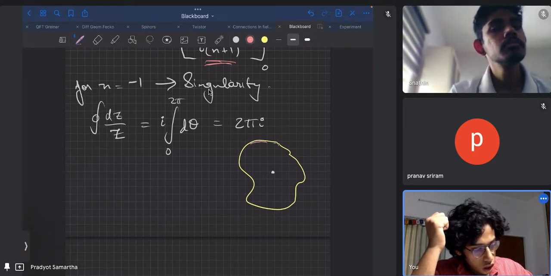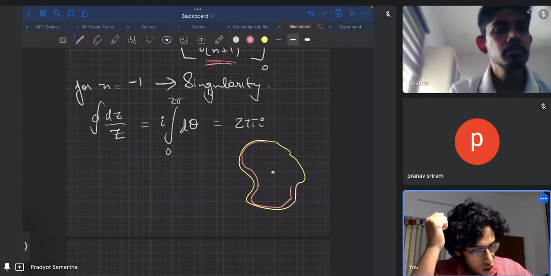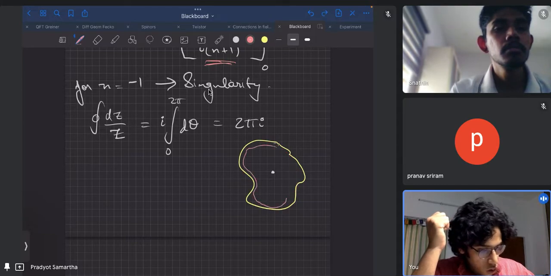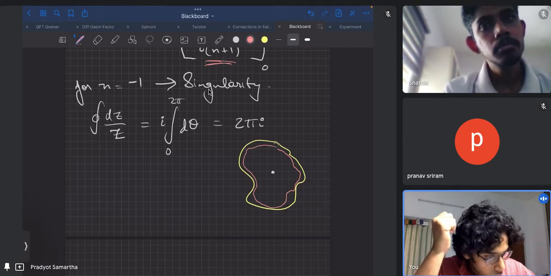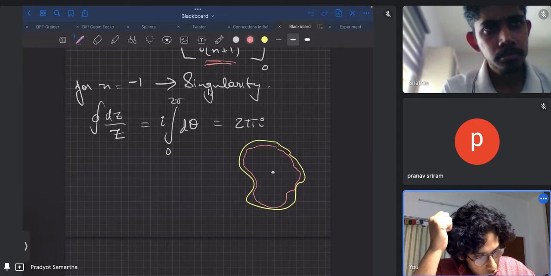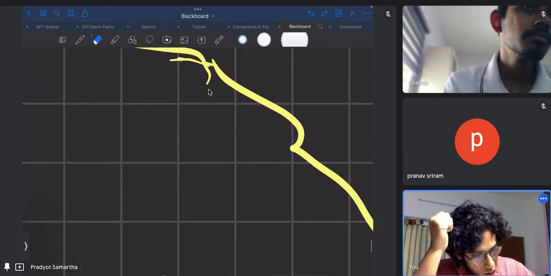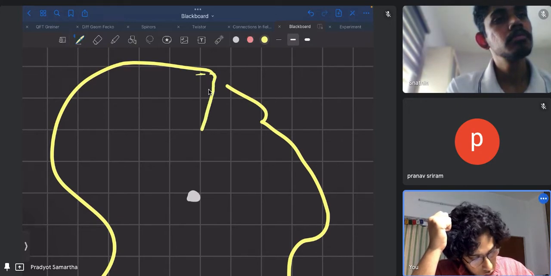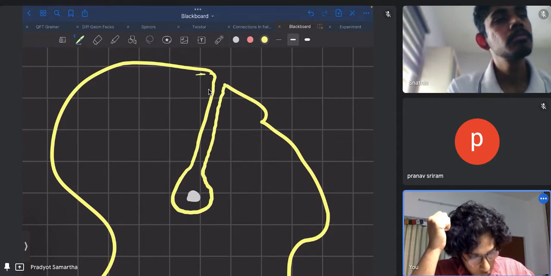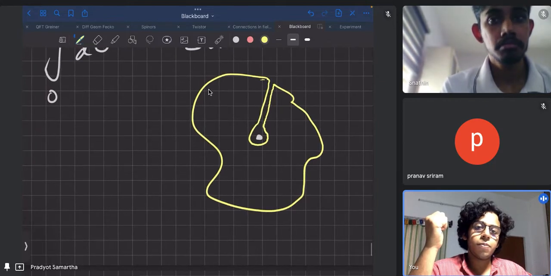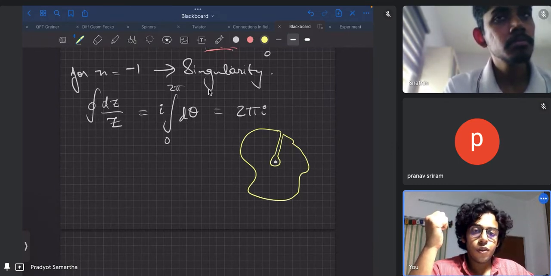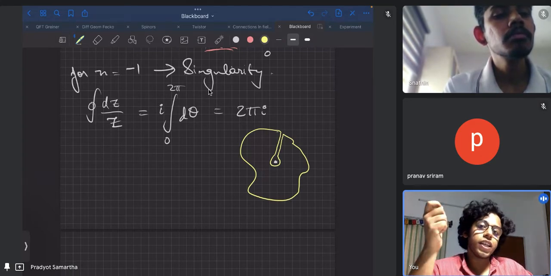You travel along the contour, tracing the same thing, but you create a tiny, infinitesimal break here, traverse this distance, isolating the singularity and then coming back here. This gives you the same contour integral, except that it removes the singularity at this particular point. So that is the visual intuition for this.